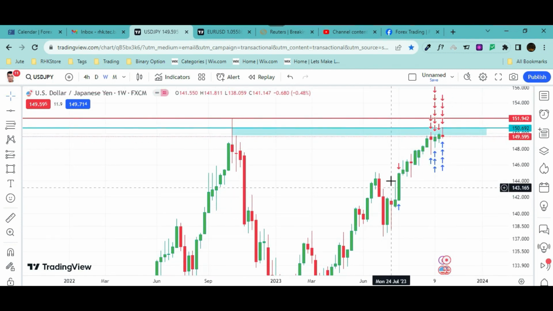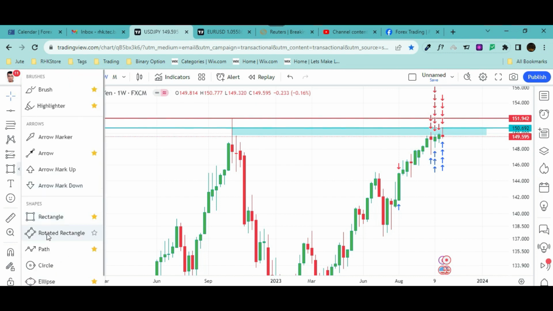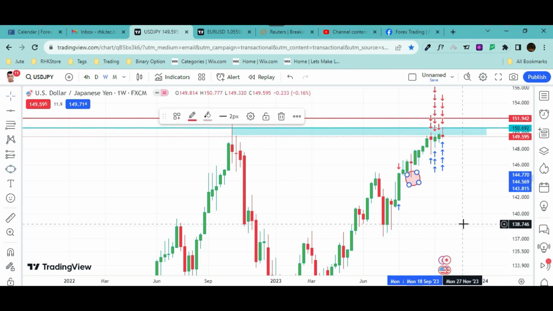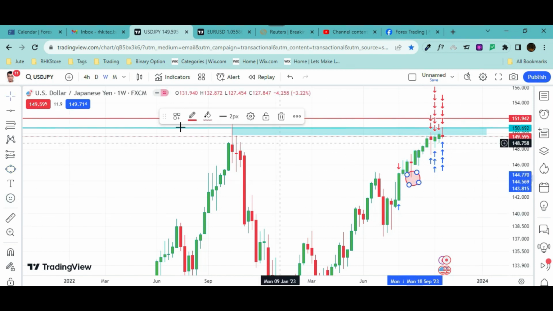Now my question, why has the price been rejected from these places, that is my way of thinking. Why price rejected here on the downside, and again the price has been rejected.